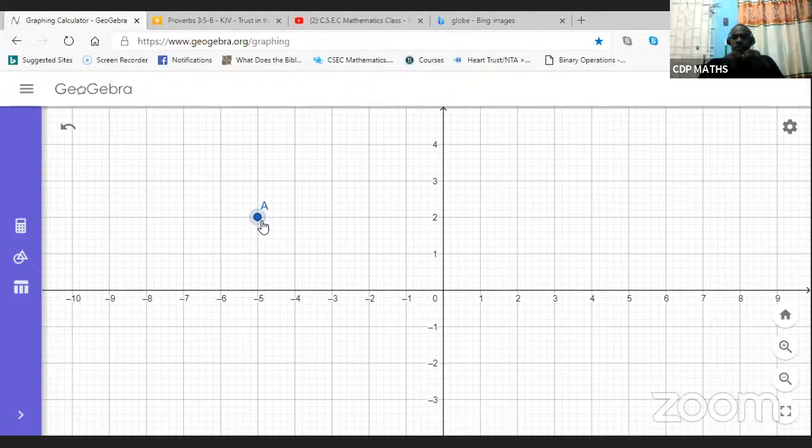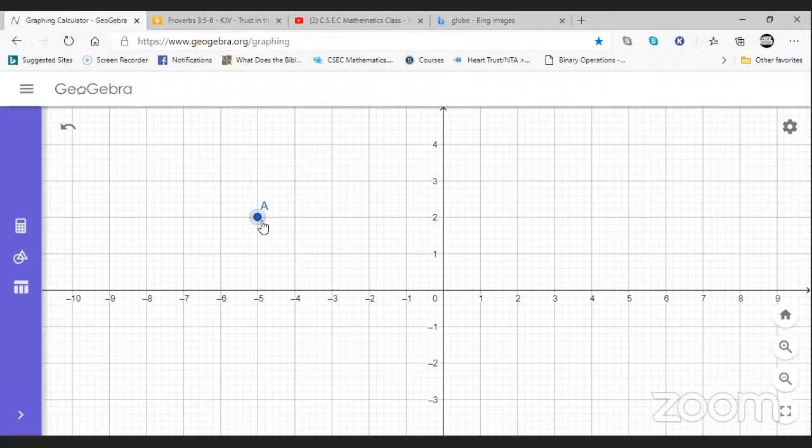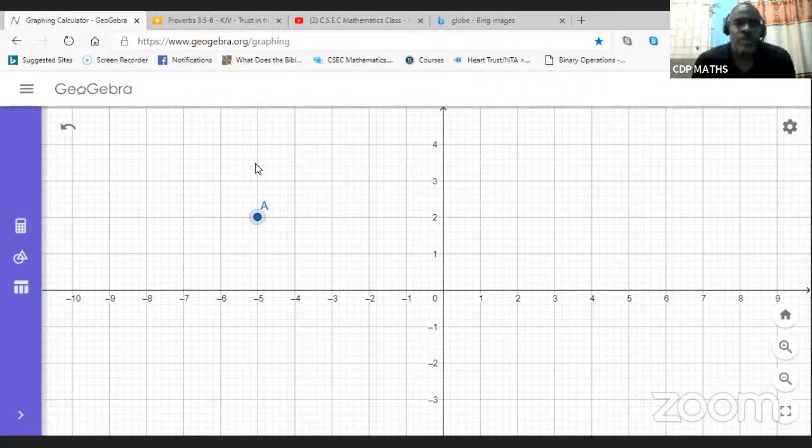And what's the x coordinate? Negative 5. Okay. But remember, you must state the x coordinate first at all times. That's how it is done. So it would be x is negative 5, and then positive 2 is y.